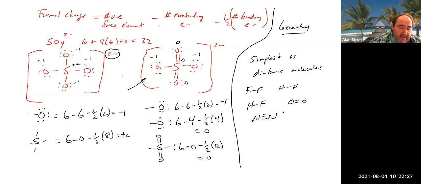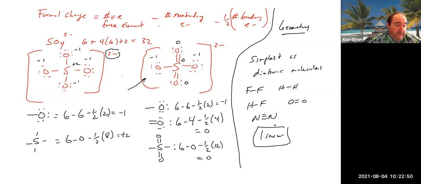It really doesn't matter if you only have two atoms present. The geometry is always going to be linear, basically a straight line, because the shortest distance between two points is a straight line. That's what we would have in this case.